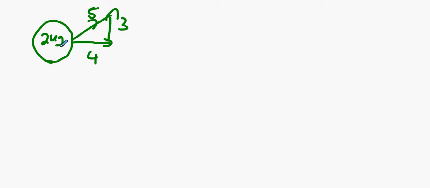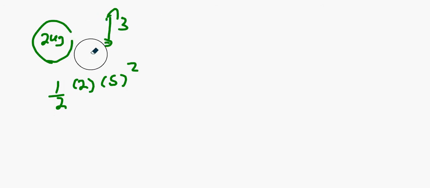I would do a half mv squared, a half 2 times 5 squared, because 5 is its velocity. But in this case, imagine you have no i component and only a j component. Then your speed is 3. You don't have to do Pythagoras' theorem because you only have one component. So it'll be half 2 times 3 squared. Did I explain it all right?